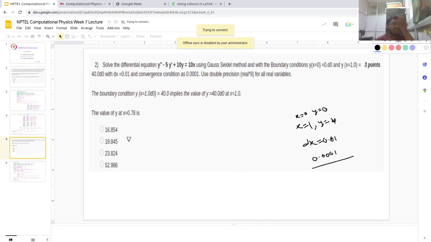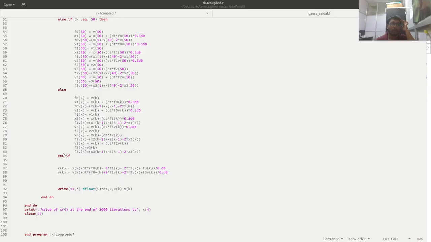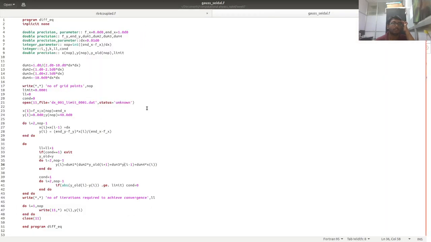What you need to do is find the value of y at x equals 0.78. Let's move on to the coding part. Here is the code for this. I have defined f_x to be 0, the initial value of x, and the end value is 1.